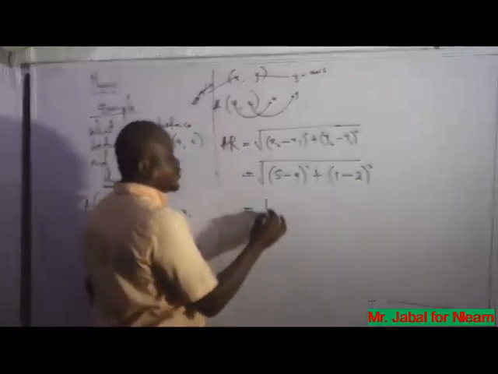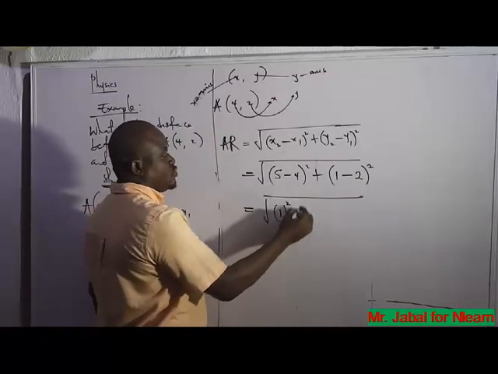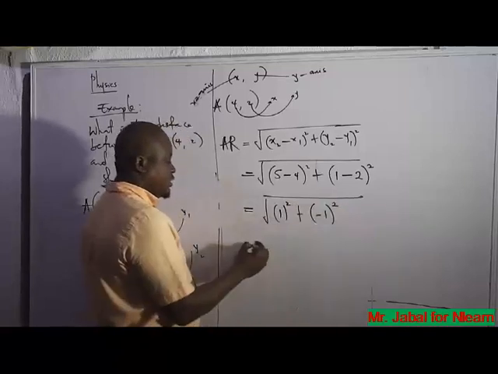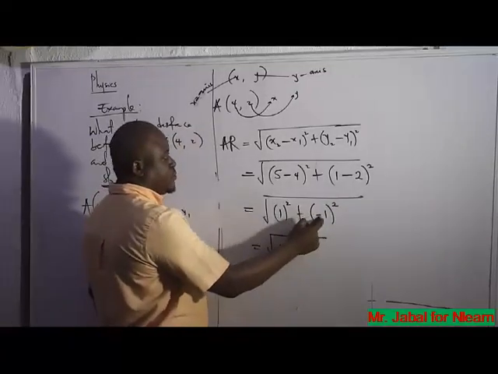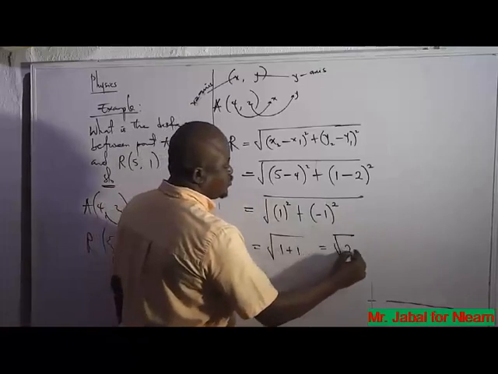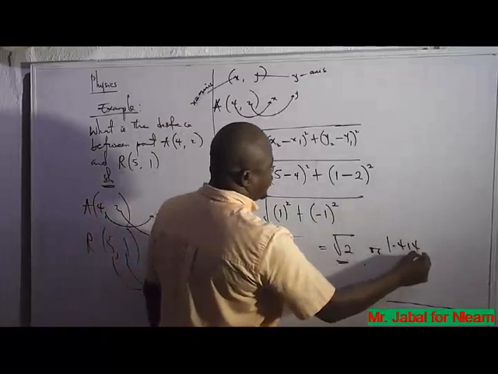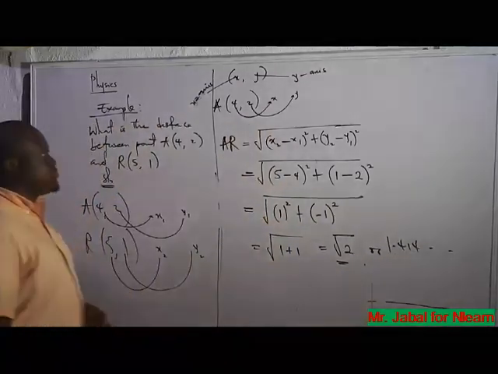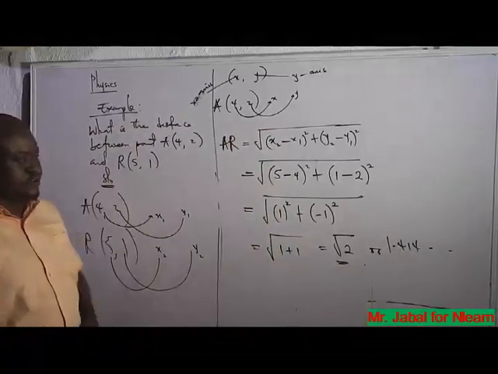From there, you can take your calculations back by saying 5 minus 4, that's 1 raised to power 2, plus minus 1 raised to power 2. That gives the value directly. 1 squared is 1, minus 1 raised to power 2 is also 1. That automatically becomes the square root of 2, which is 1.414, whatever. That gives the value of AB, the distance between point A and point B. Good.